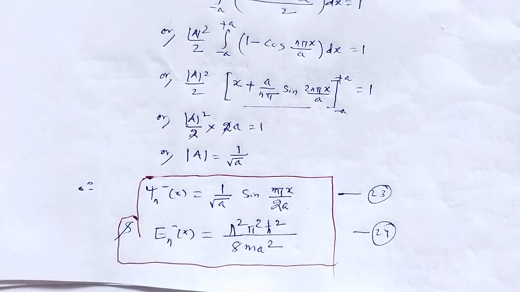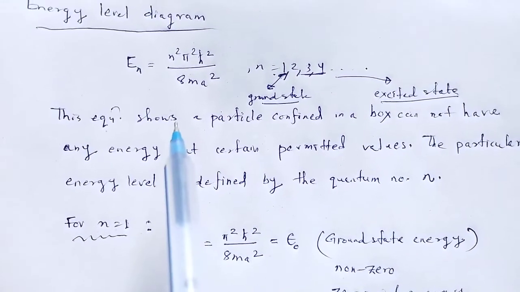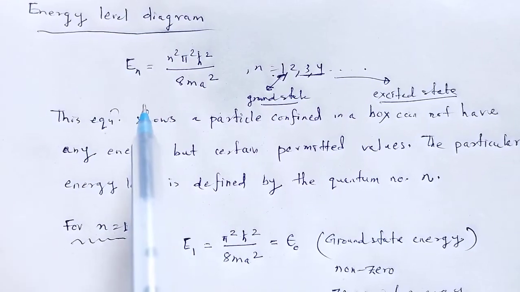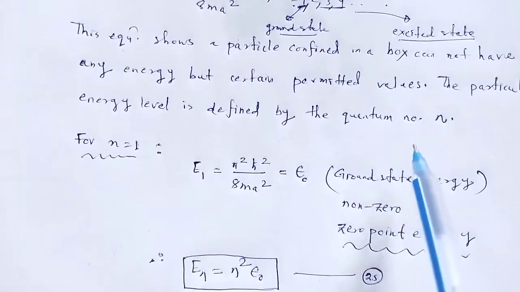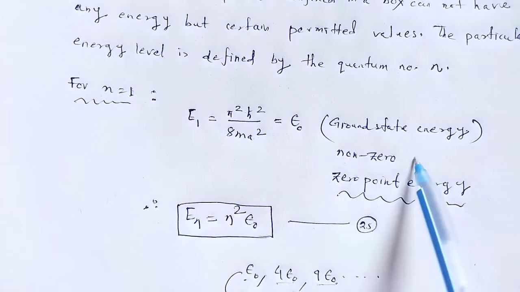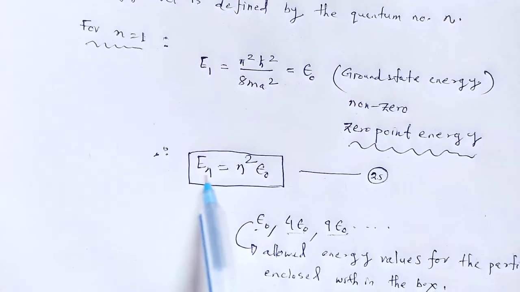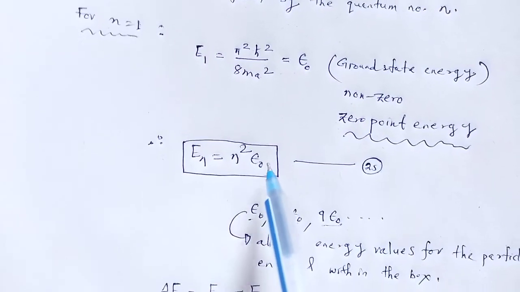From these overall discussions, we get the energy level diagram combining the energy level terms of these two classes of solutions, and we take the ground state energy, which is non-zero and also known as zero point energy, and that energy state is given as n square epsilon naught.